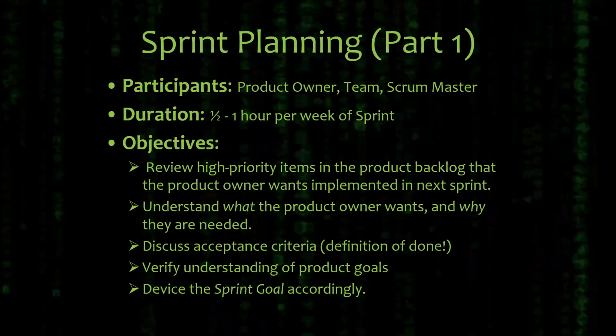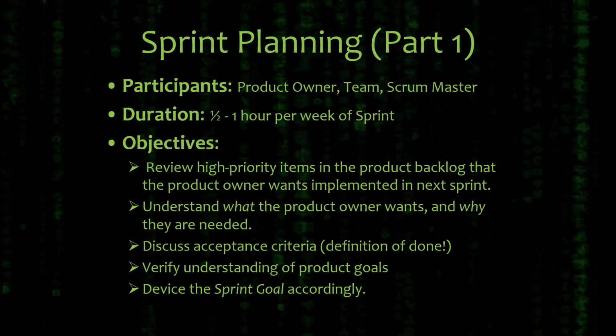So basically, it's the planning of what we need to do, right? You are going to review the higher priority items in the backlog that the product owner wants implemented in the next sprint, right? And understand what the product owner wants and why. That's not just the what, because if you understand the why, it's easy to do. Discuss the acceptance criteria or the definition of done, right?